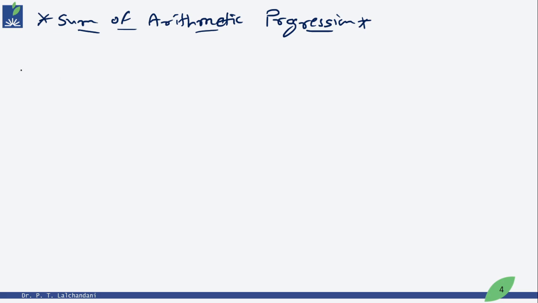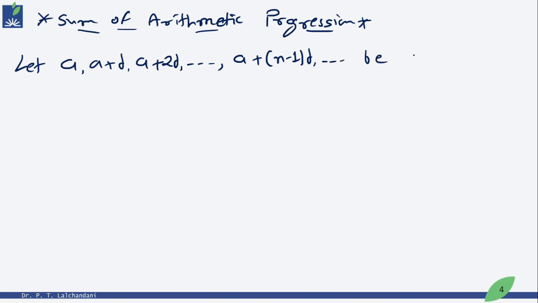Let us begin with an arithmetic progression a, a plus d, a plus 2d, and so on. The nth term will be a plus n minus 1 times d.